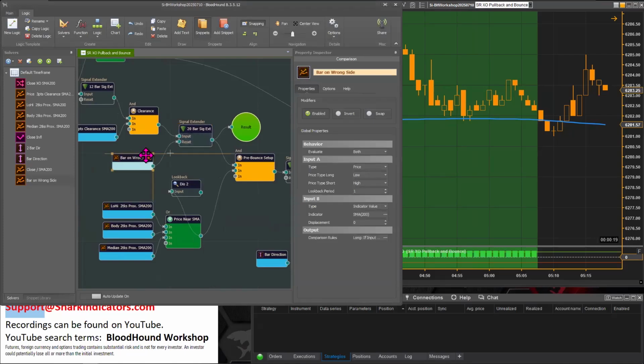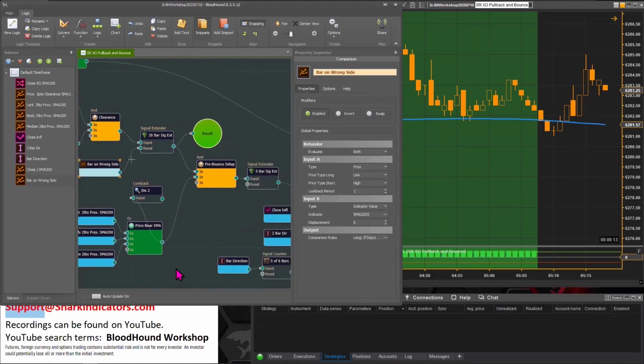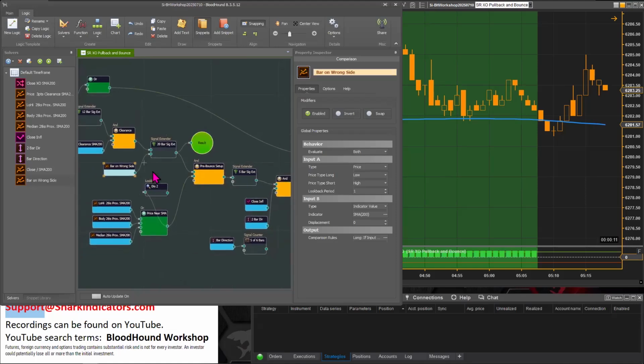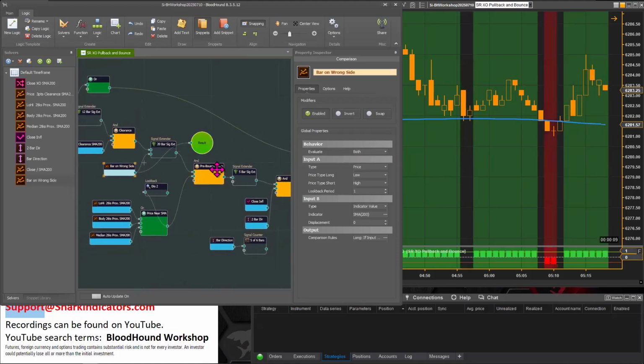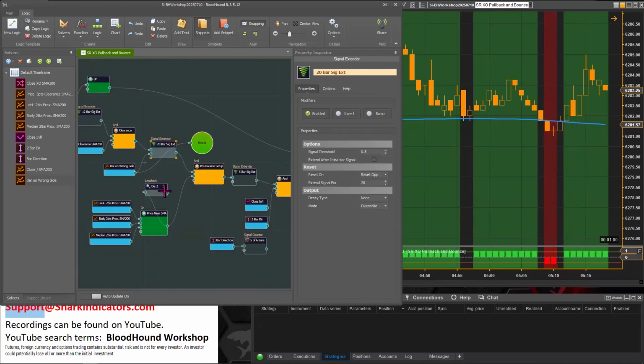Now we already have a reset connected in here, and remember this reset, we're using a short output here to reset our signal extender.